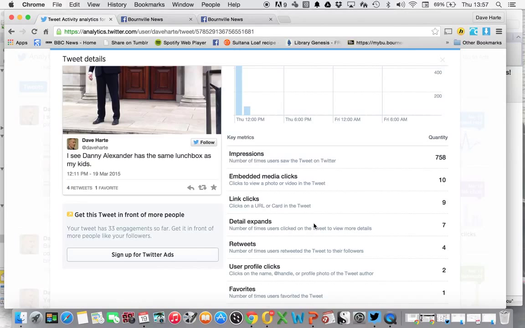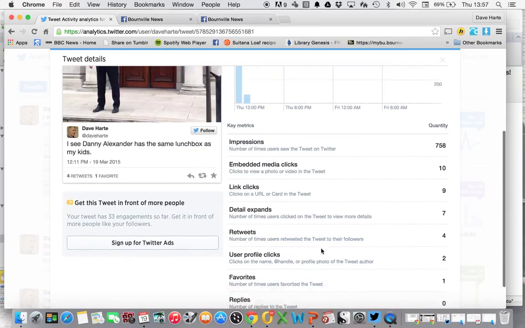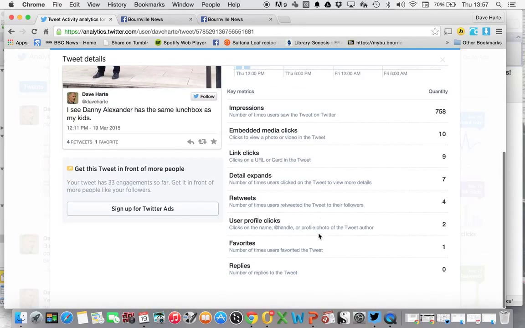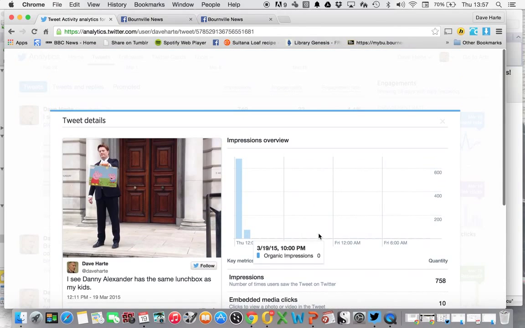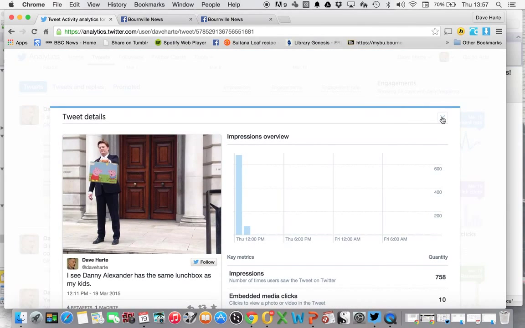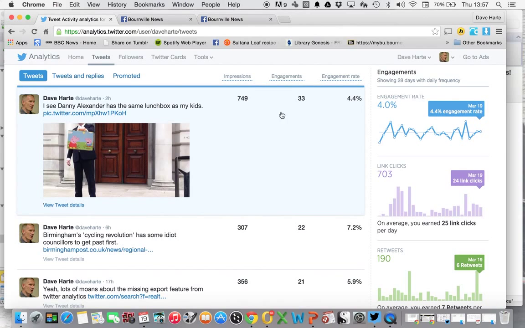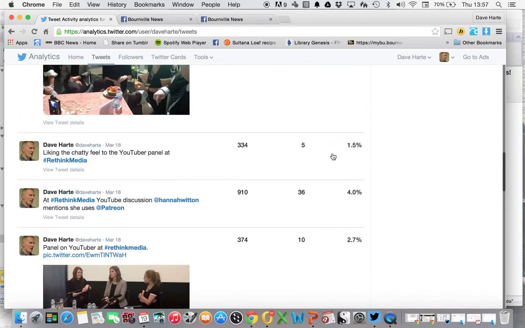You have to expand the tweet. So 7 people did that. It got 4 retweets, 1 favorite, and 2 people clicked on my name to see who on earth I am. It got no replies. Let's just close that one. And the engagement rate for that, so a lot of impressions, 4.4%.